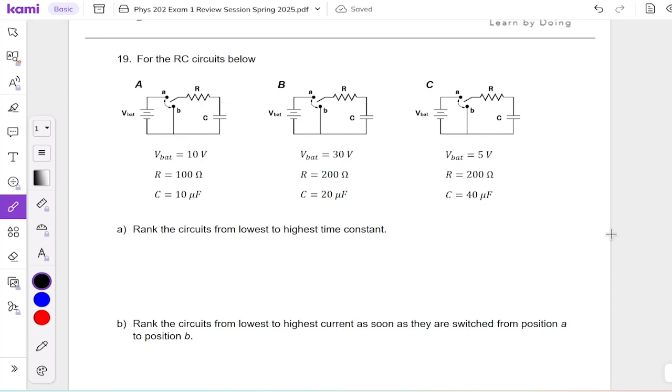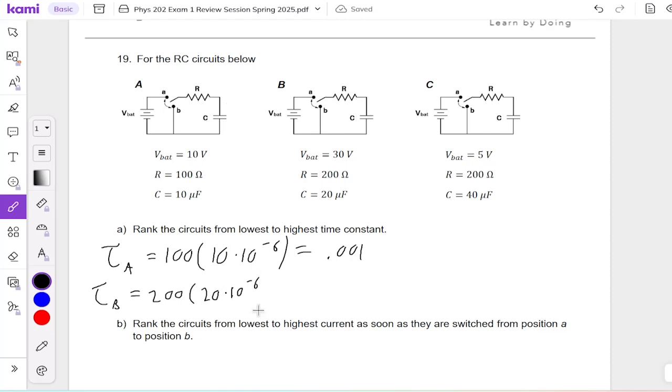Part A, rank the circuits from lowest to highest time constant. Skylar, help me out here. For this, we're multiplying the R's by the C's. Yep, exactly. So we do 100 times 10 times 10 to the minus 6, which gives us 0.001 for A. For B, it would be 200 times 20 times 10 to the minus 6, which is 0.004.